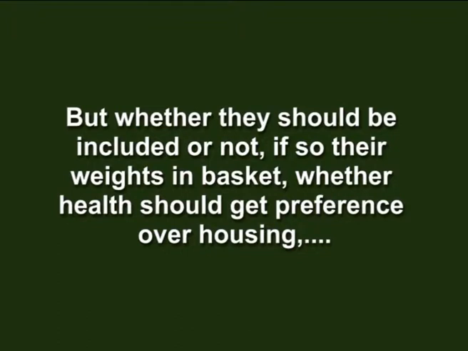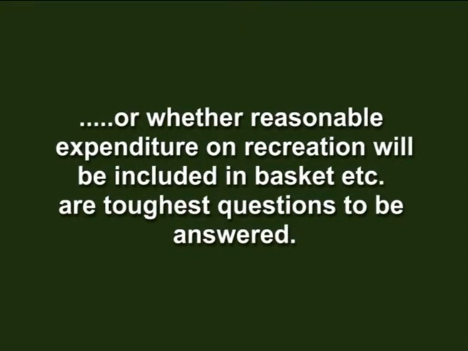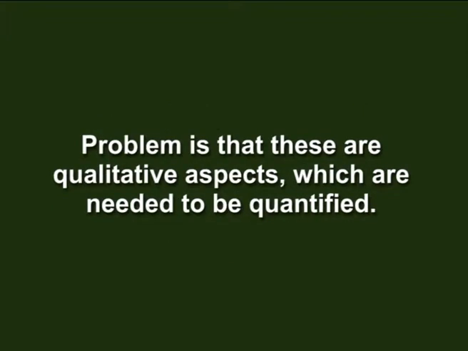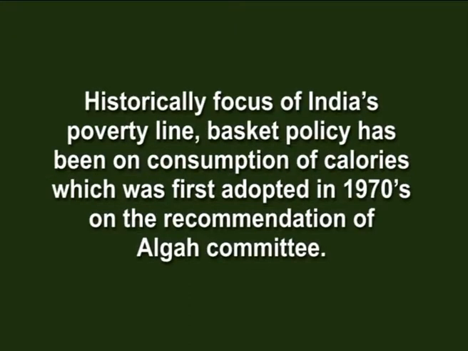But whether they should be included or not, and if so, their weights in the basket, whether health should get preference over housing or whether reasonable expenditure on recreation will be included in the basket, etc., are the toughest questions to be answered. The problem is that these are qualitative aspects which need to be quantified.